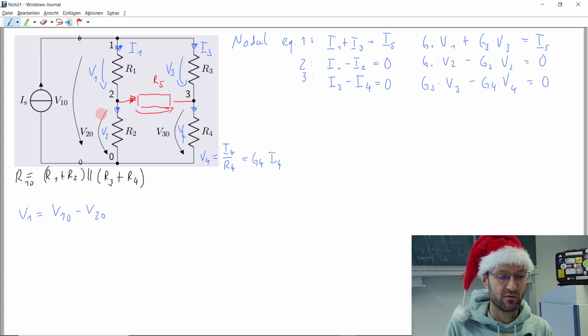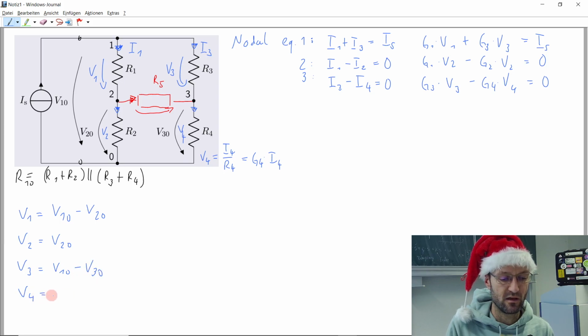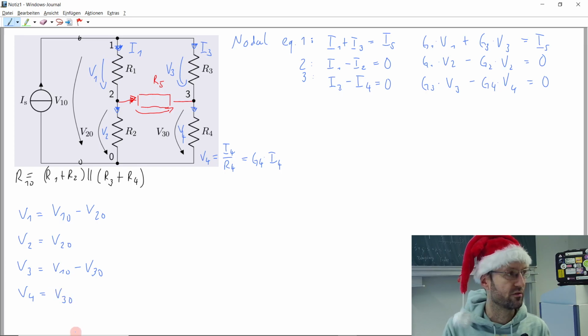Right, so this one plus this one should be this one, or this one is this one minus this one. So the second branch voltage is the same as the second nodal voltage. The third branch voltage, this one here, is the difference between this and this. So V10 minus V30. And the last and fourth branch voltage is the third nodal voltage.